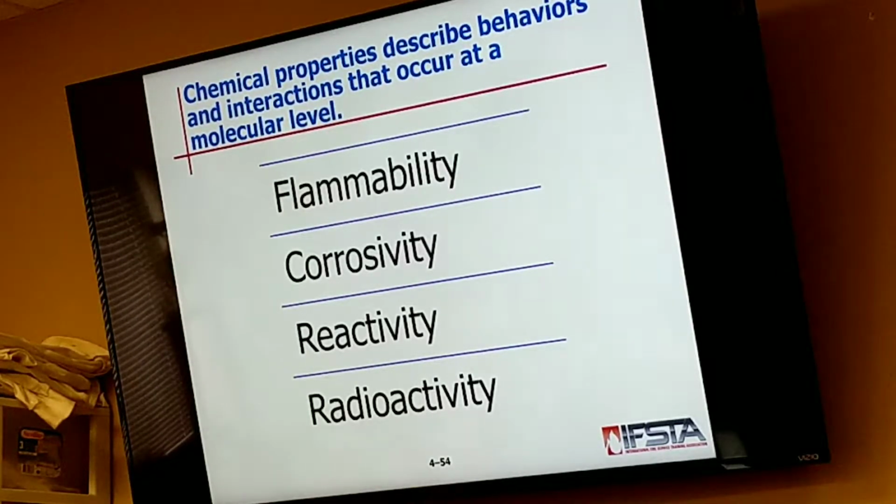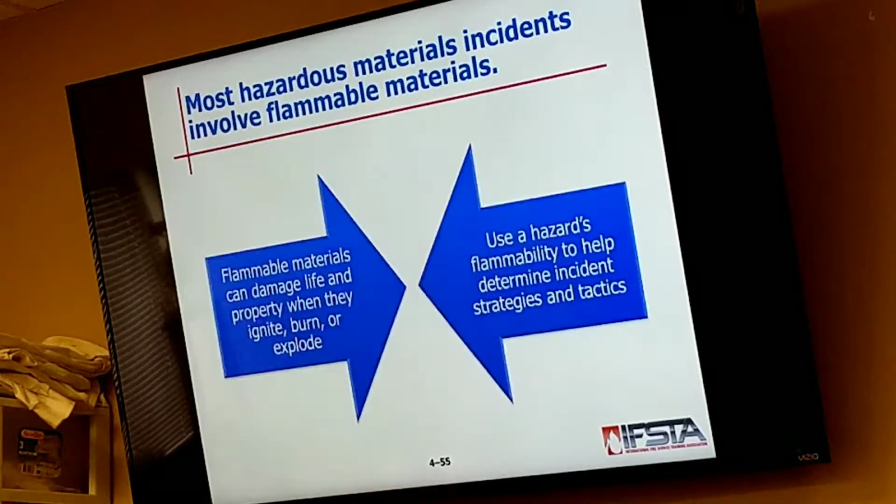So some of the things we're going to have at incidents, we're going to have something flammable, something corrosive, something that's going to react, something that's radioactive. Your flammable stuff is any hazardous material involving a flammable material. Flammable materials can damage life and property when they ignite, burn, or explode.